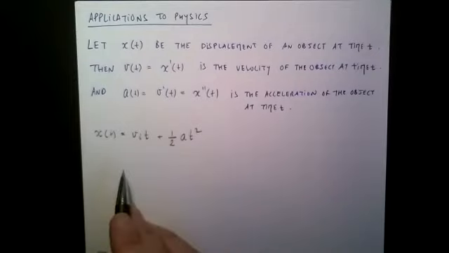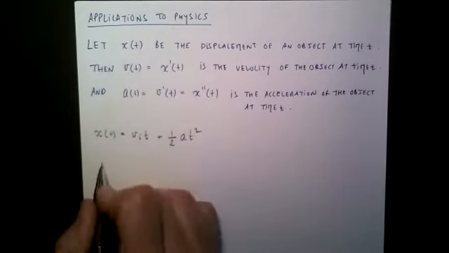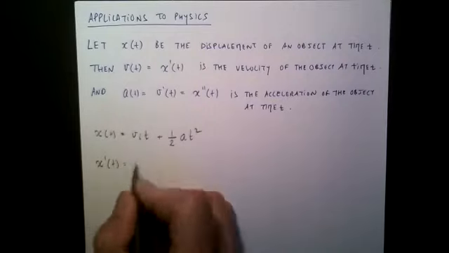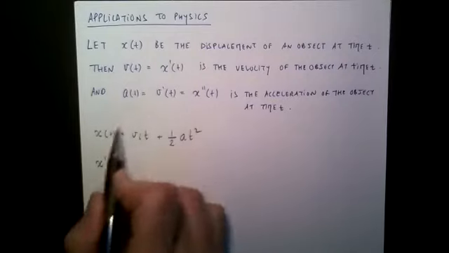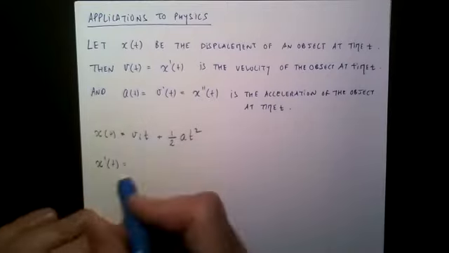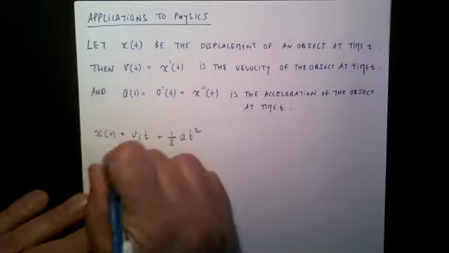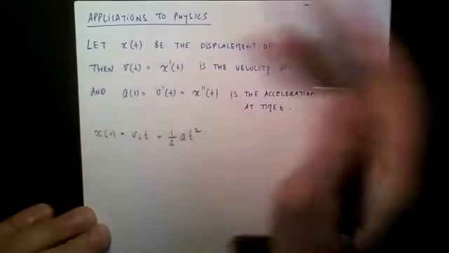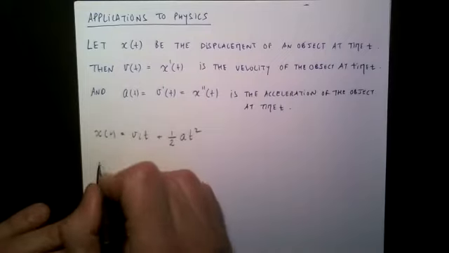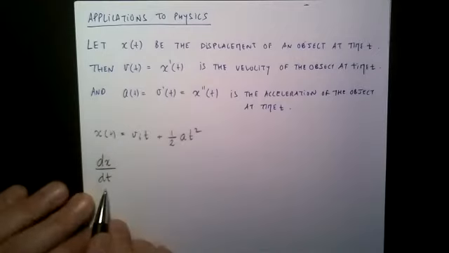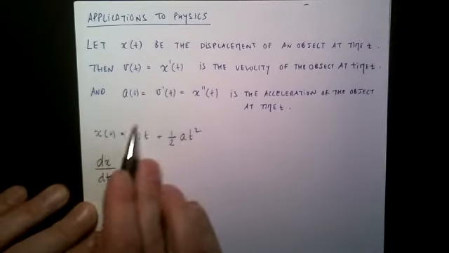Okay, so let's do the derivative. Let's find x prime. If you derive everything here with respect to t, I'm going to write it differently. I'm going to write it like this, dx/dt, because now there are many letters here.